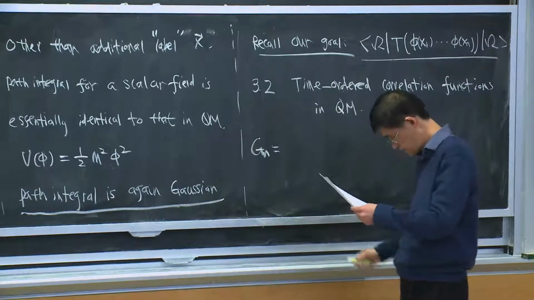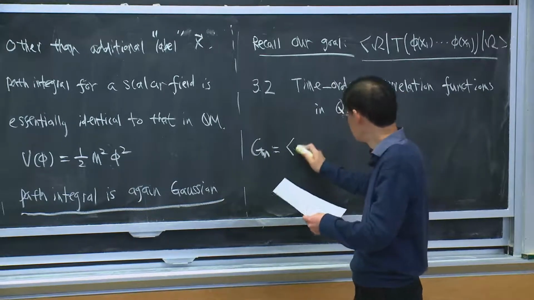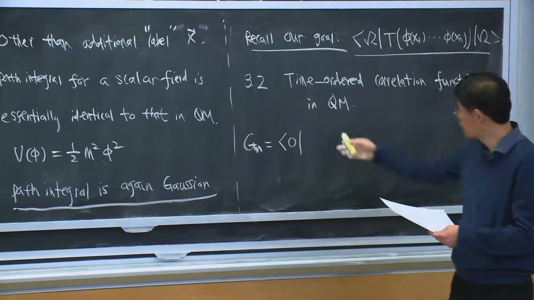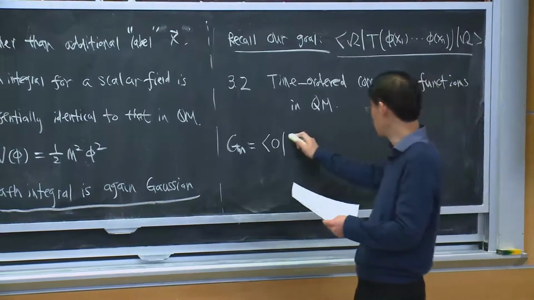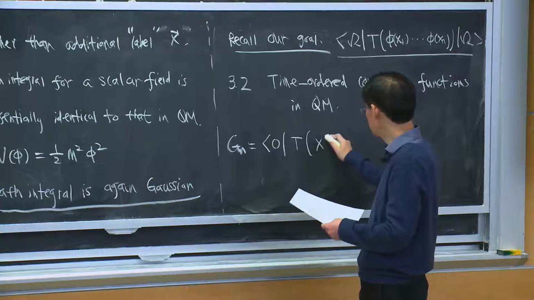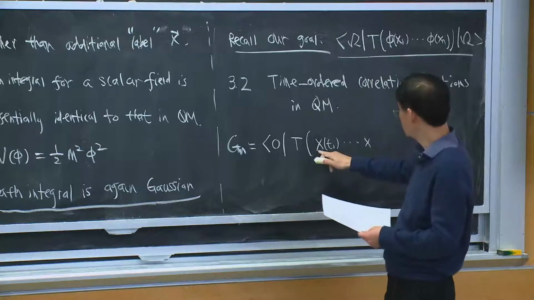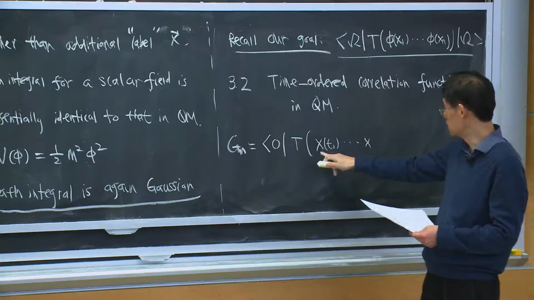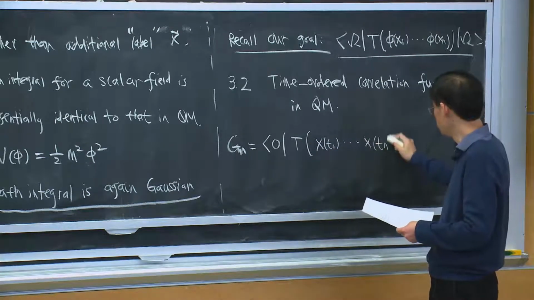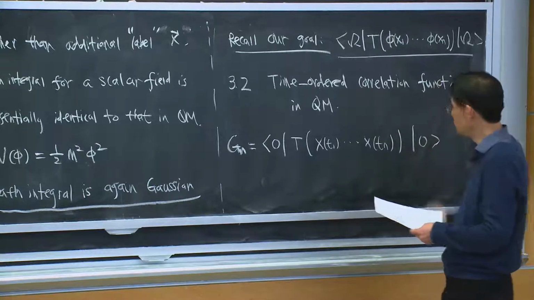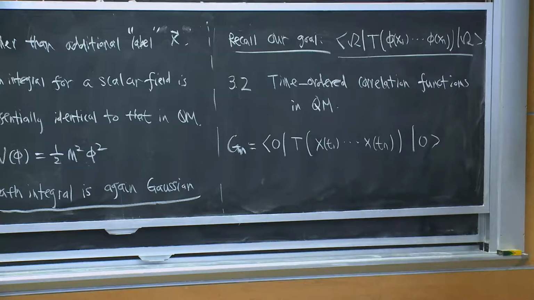Let 0 be the vacuum of this quantum mechanical system. Then you have the time ordering, and then x(t1), because the dynamical variable here for quantum mechanics is just x, up to x(tn) at different times. So we want to compute such an object in quantum mechanics.